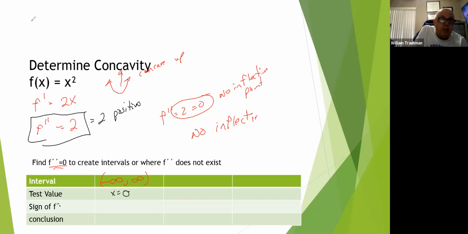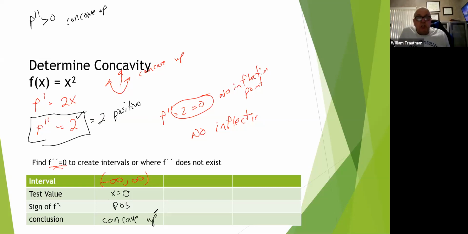Remember, when your second derivative is greater than 0, when it's positive, you're concave up. That was from our previous slide. So the sign is positive. The conclusion is, between this interval, we're concave up.